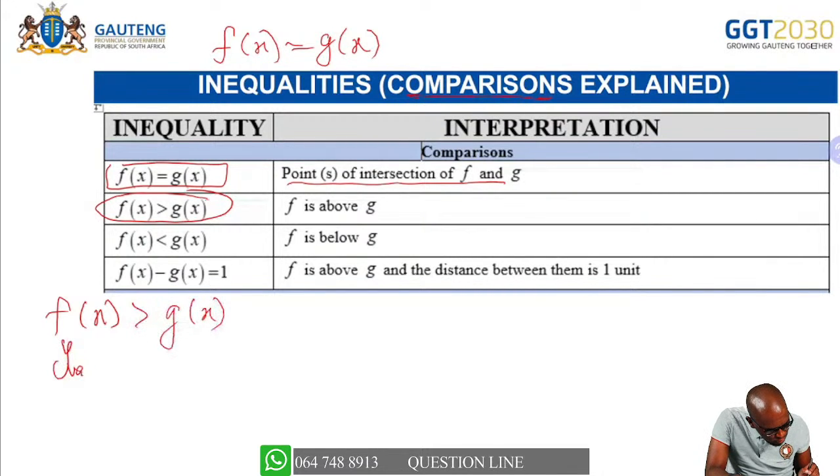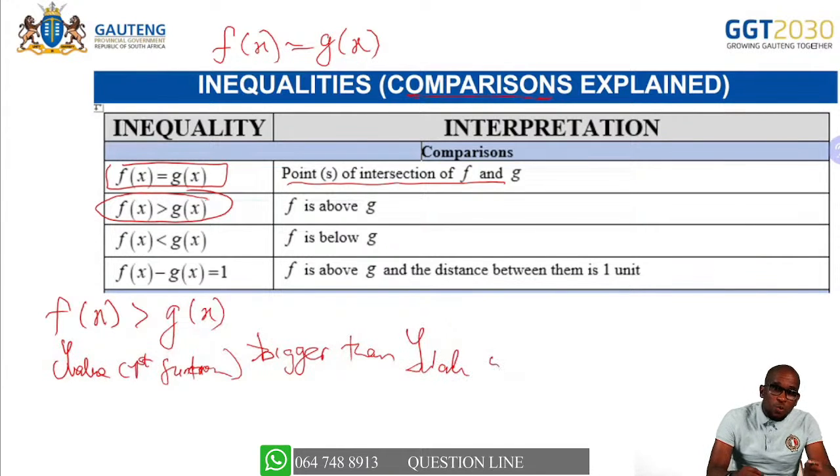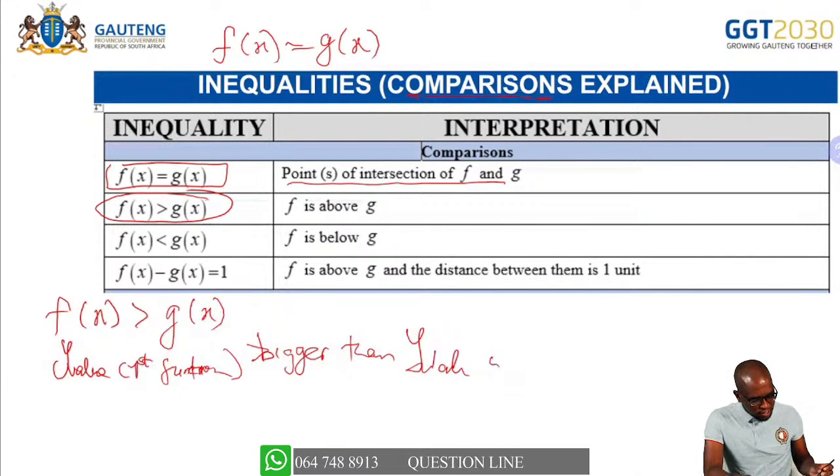The y value of the first function should be bigger than the y value of the second function.